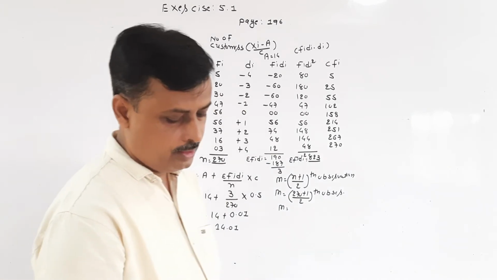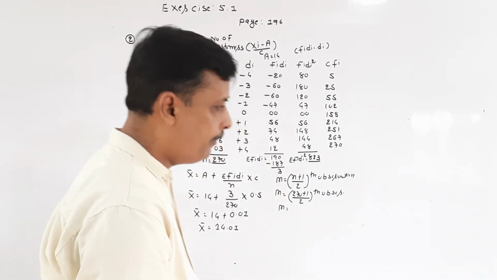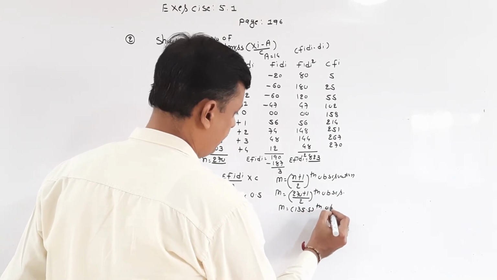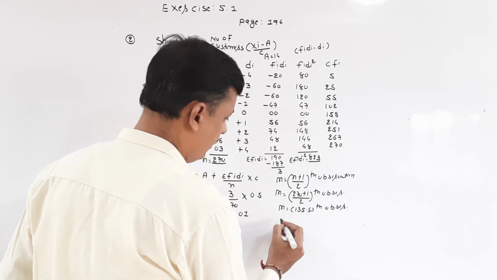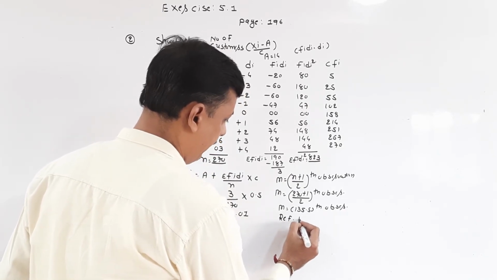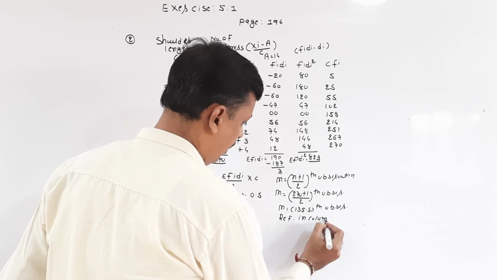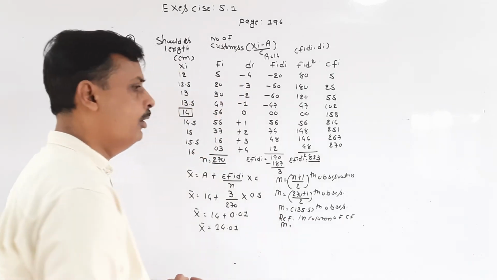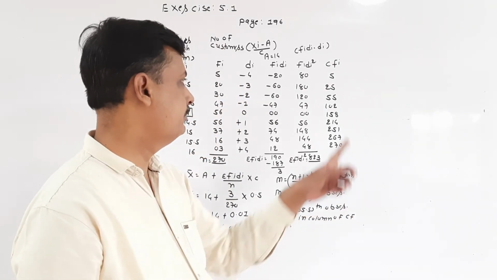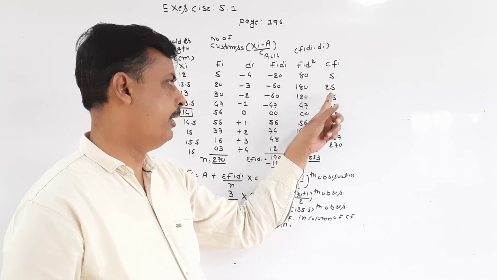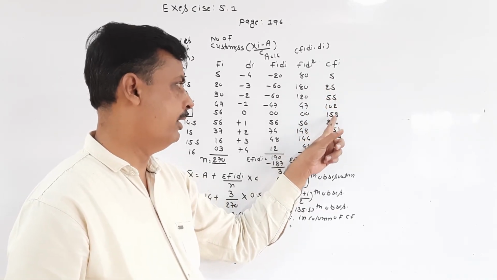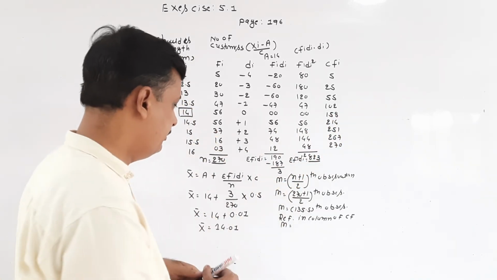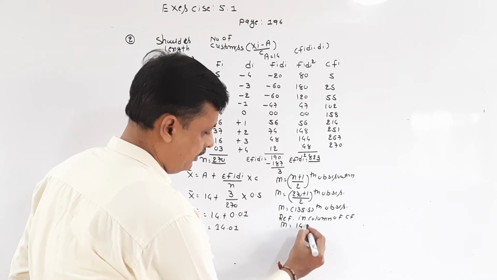So 271 divided by 2 is 135.5 observation. Now referring to the column of CF, where will we find 135.5? It is not possible in 5, not in 25, not in 55, not in 102, it will be in 158. So the answer will be 14 centimeters.